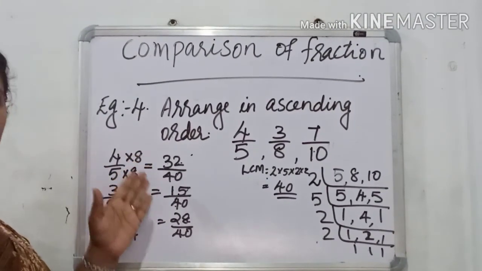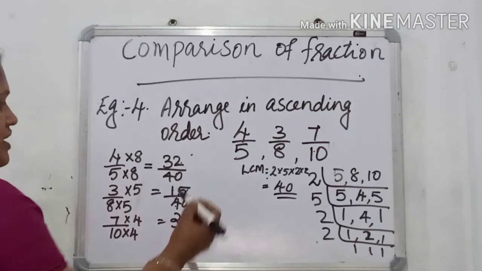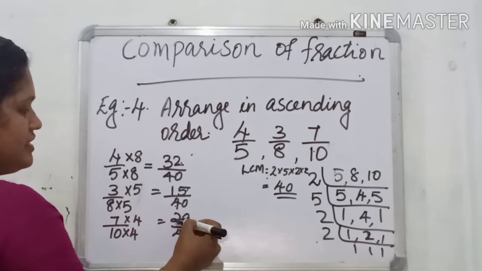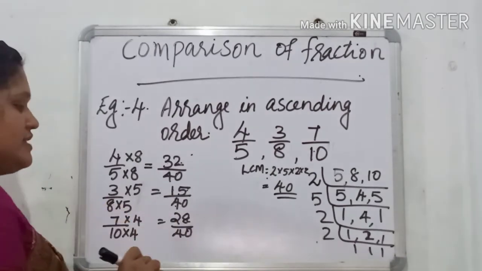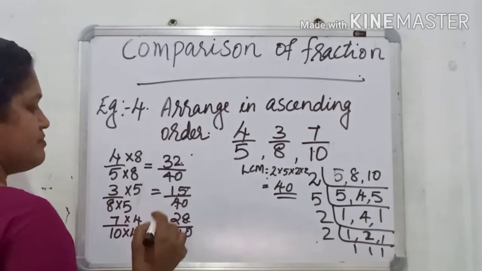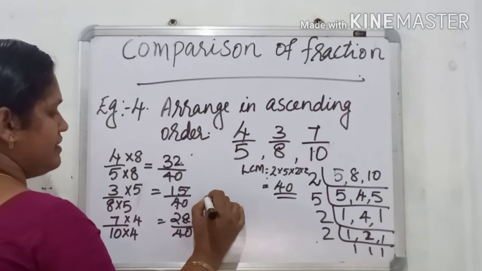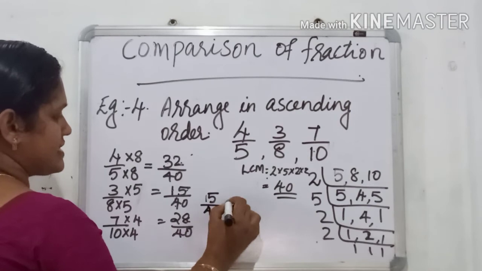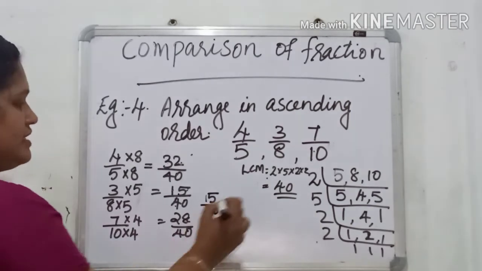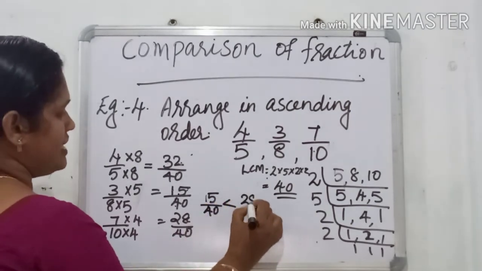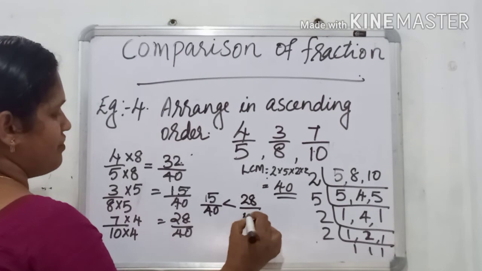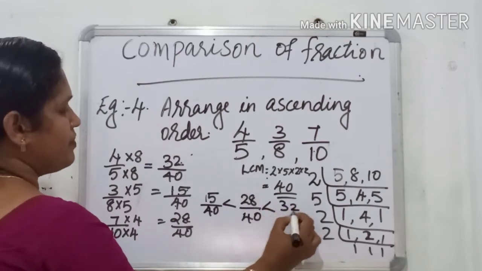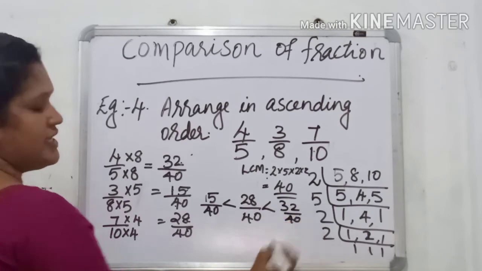We can compare the numerators. Here numerators 32, 15 and 28. Which is the smallest? 15 is the smaller. So we can write here 15 by 40 less than, next 28 by 40 less than 32 by 40.